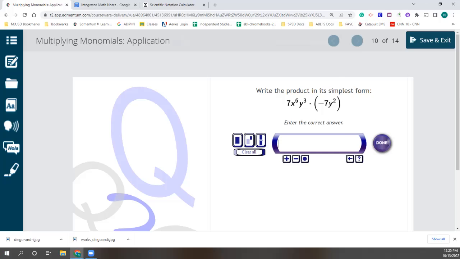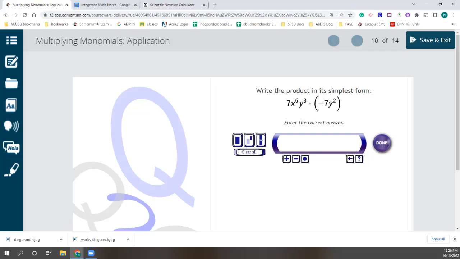7 times 7 is one of the few math facts that I remember because Joe Montana was number 7 on the 49ers. Okay, so we've got 7 multiplied by negative 7 equals negative 49. A negative times a positive is a negative. And then we have x to the 6th.